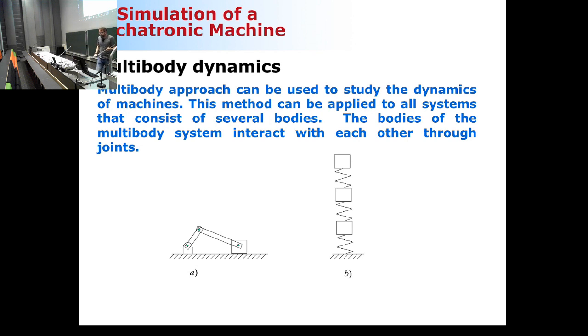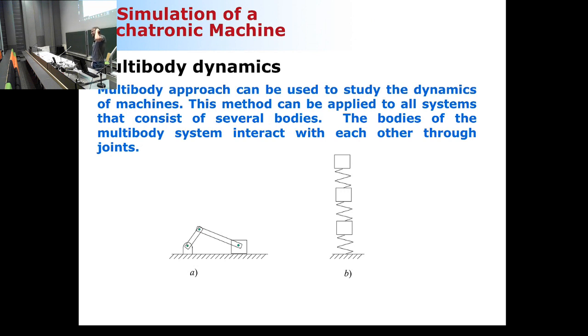Now, I have two example systems here. I have a crankshaft mechanism, and then I have several masses that are connected together with springs. One is a multibody system, the other one is not. So which is a multibody system? Any wild guesses? Hold on.